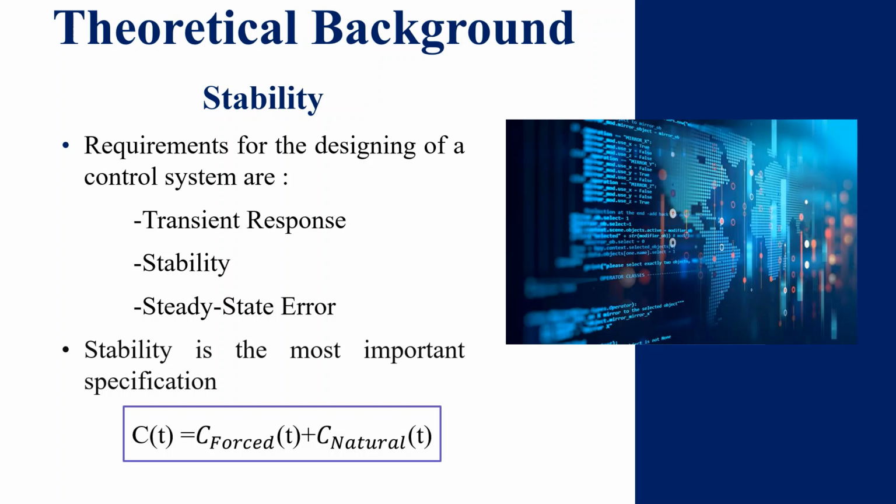If a system is unstable, transient response and steady state errors are moot points. An unstable system cannot be designed for a specific transient response or steady state error requirements. Then what is stability?